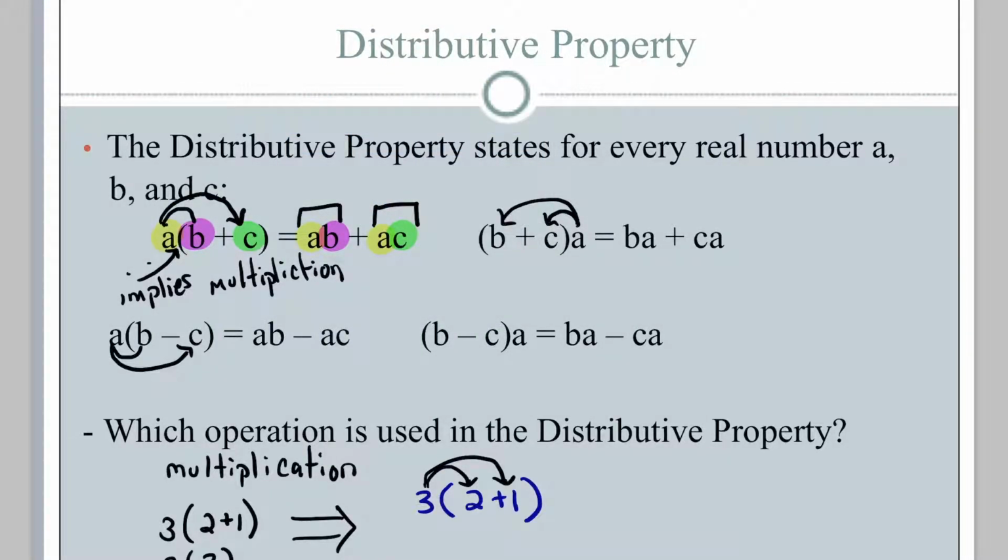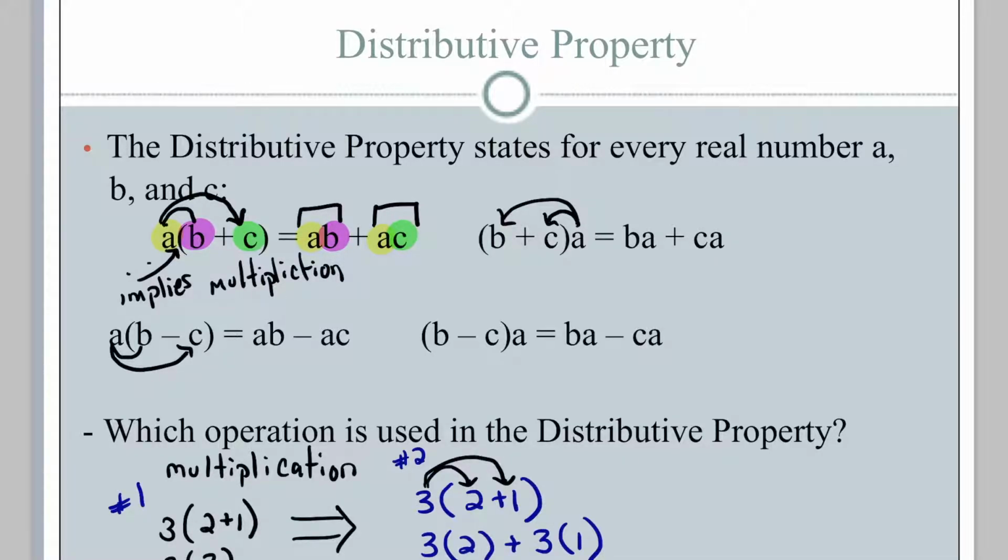In that case, I would have 3 times 2 plus 3 times 1, which is 6 plus 3, which is 9. These two are equal. In the first case, I combined the 2 plus the 1 inside the parentheses, then multiplied by 3. And in the second example, I distributed the 3 using multiplication by each term.